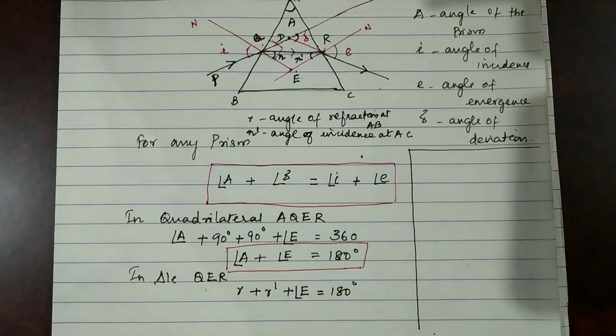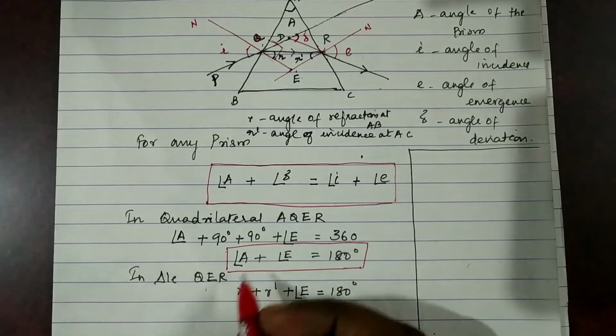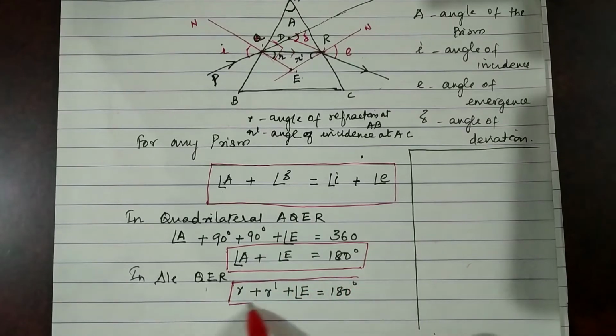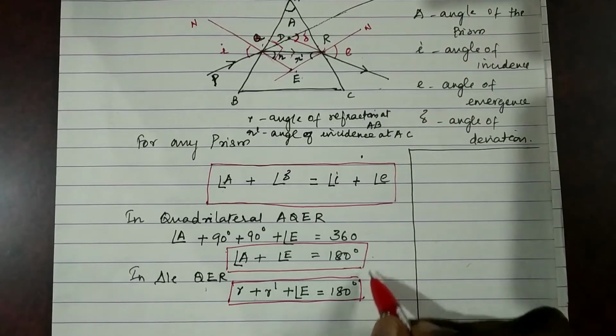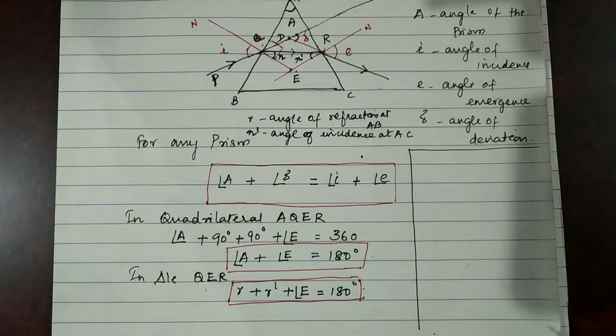So, we got these two relations. So from this and this, see, r plus r dash is equal to A. So this implies r plus r dash is equal to A.